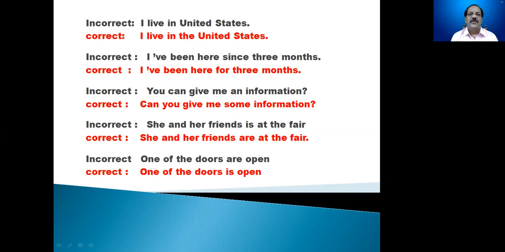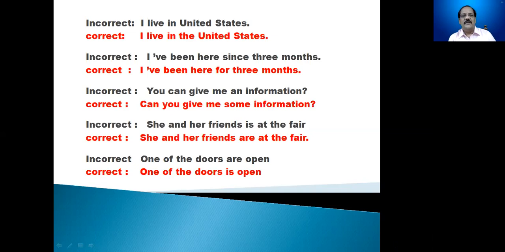That is, you can give me an information. Yes, put a question mark. How can it become a question without having a verb before the subject? So we have made it, can you give me? And again, not an information, but some information. That way, the answer is, can you give me some information?